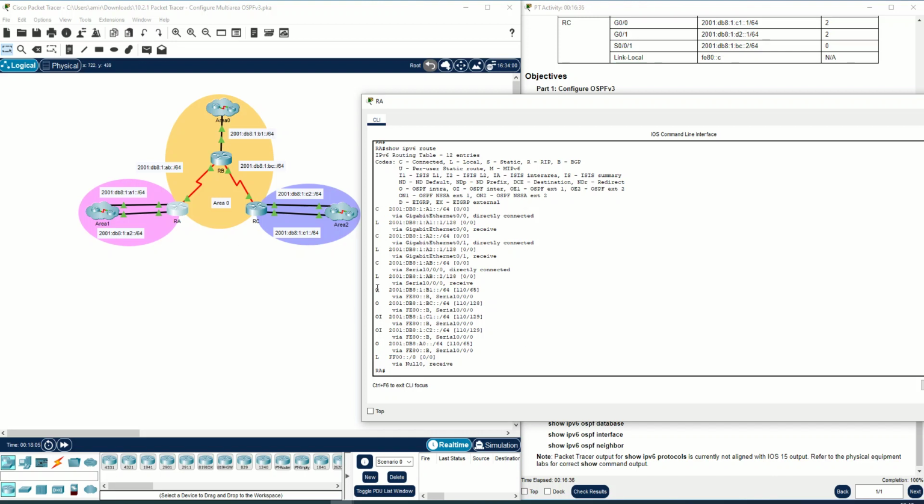And also we have OI, which means we learned them from OSPF.